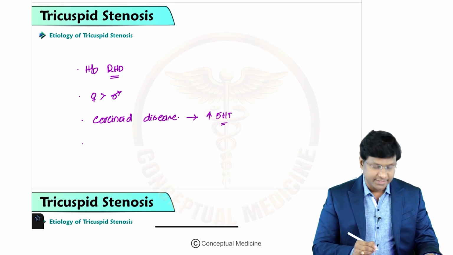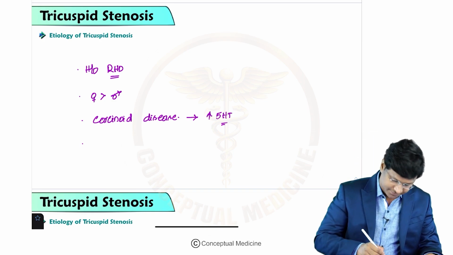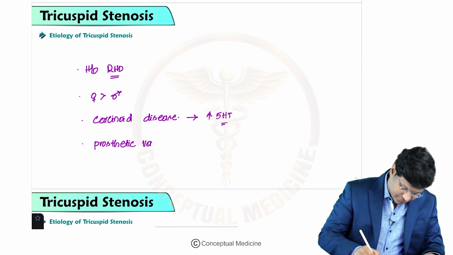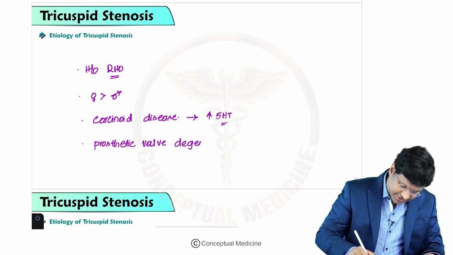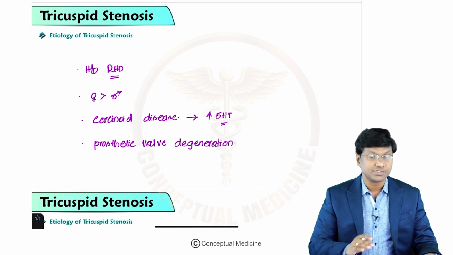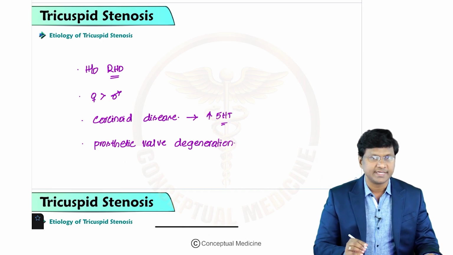And the other clinical condition which will cause tricuspid stenosis is prosthetic valve degeneration. So these are the etiologies, but among all these, the history of rheumatic heart disease is most likely present.